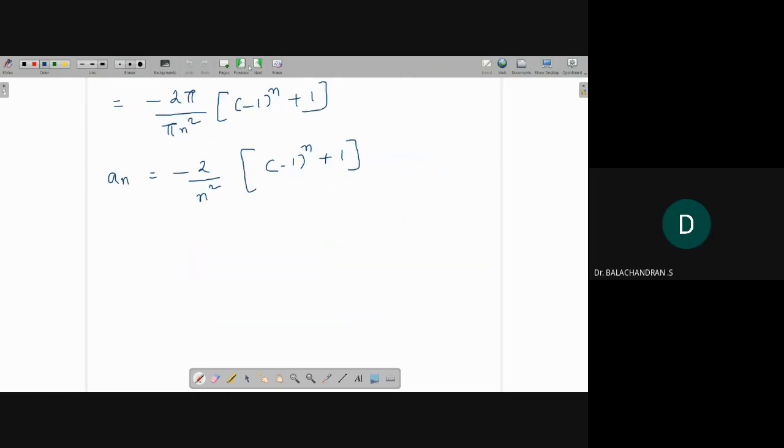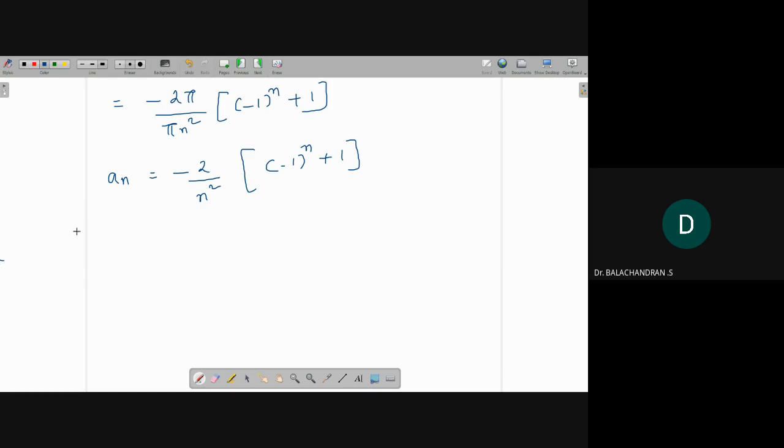Thank you, Sheila. So minus 2 by n square into minus 1 whole power n plus 1. So pi gets cancelled. So this is your a n. When n is odd, this is minus 1 plus 1, 0.